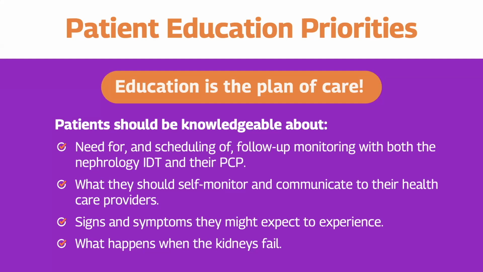They also need to be taught what they should self-monitor and communicate to the healthcare provider, the signs and symptoms they may see or expect to experience, the long-term goals, and what's going to happen when the kidneys actually do fail. This whole conversation may be a subject of great anxiety for some patients. In addition, individuals with advanced kidney disease may experience grief related to deteriorating health and having to consider starting kidney replacement therapy or dying of kidney failure sooner than their preconceived lifespan.